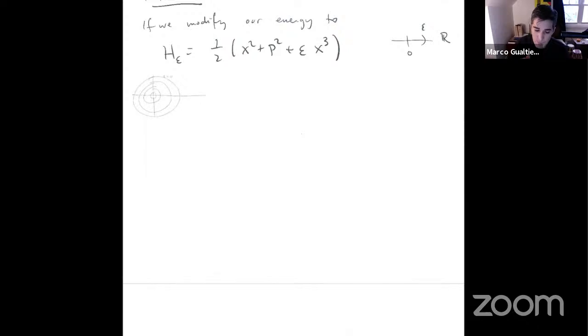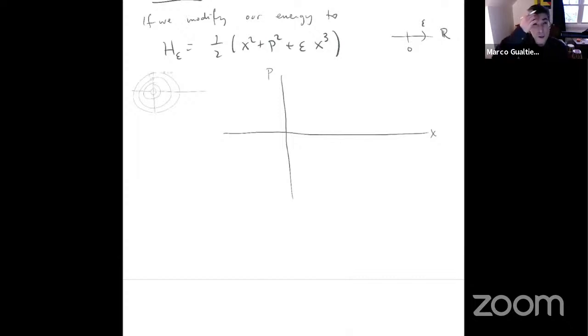But if we modify the function in x and p, then we could just draw its level set. What would the level sets be for a cubic function like this? Well, they're going to be quite different from level sets of a quadratic function. They're not going to be ellipses anymore, and not hyperbolas or ellipses. They're going to be cubic curves.